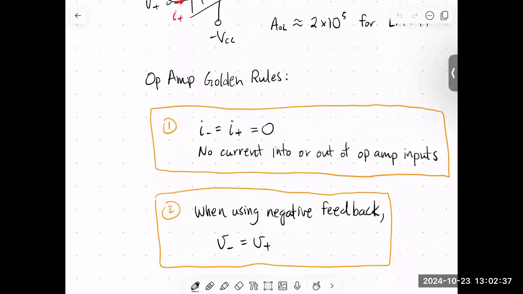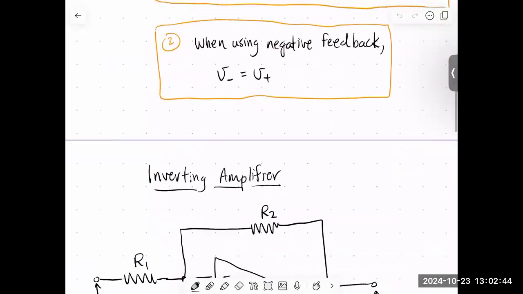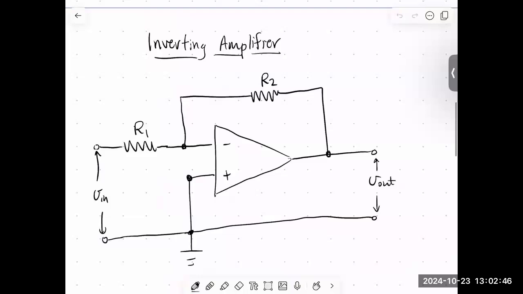The second one needed a qualifying statement: we're going to use negative feedback. And negative feedback involves some kind of connection from the output back to the inverting input. So the idea with negative feedback is, if there was some kind of voltage fluctuation at the output, maybe the output jumped up suddenly for some reason, then that gets fed back to the inverting input.